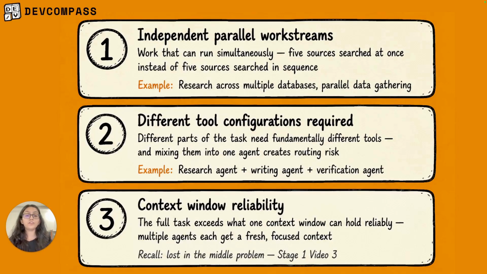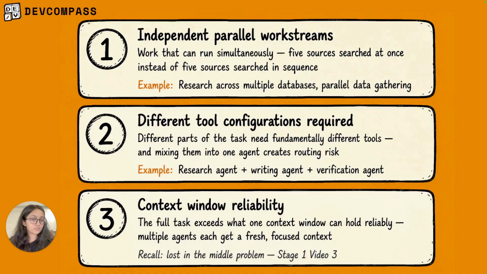Second, different tool configurations required. Remember the scoped access principle from stage 2, where different agents should have access to only the tools they need. If you don't, please go watch the last video from stage 2. Sometimes the work itself requires fundamentally different tool sets. A research sub-agent needs search and retrieval tools. A writing sub-agent needs document creation tools.